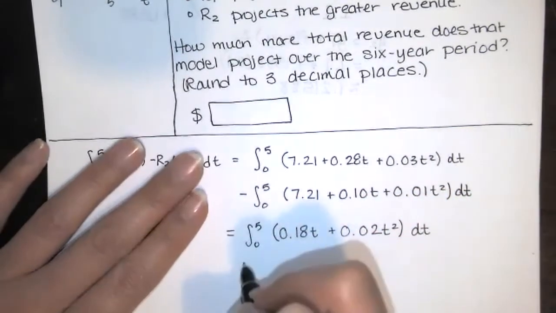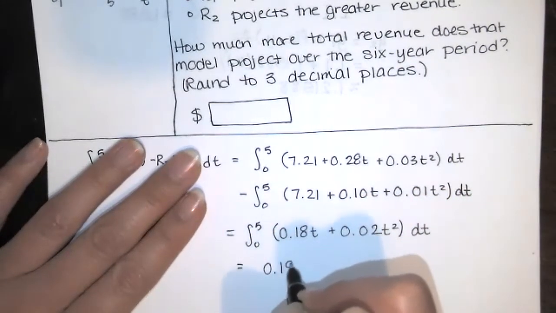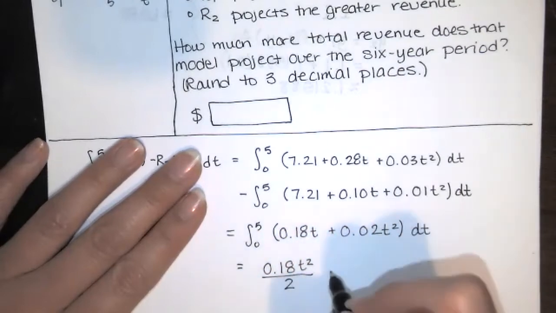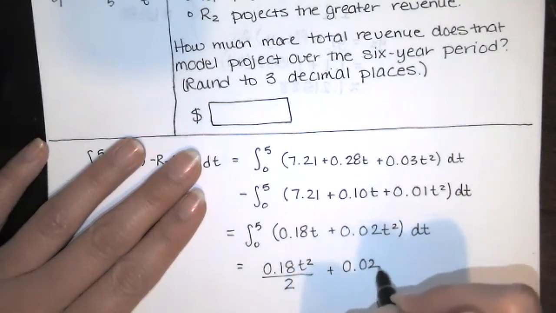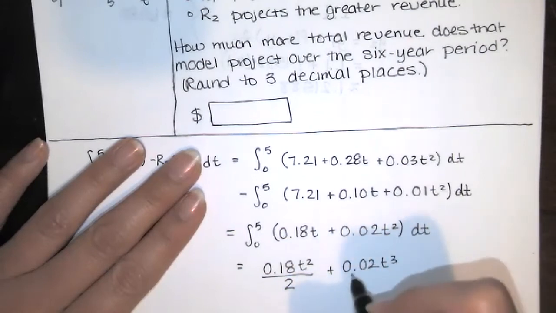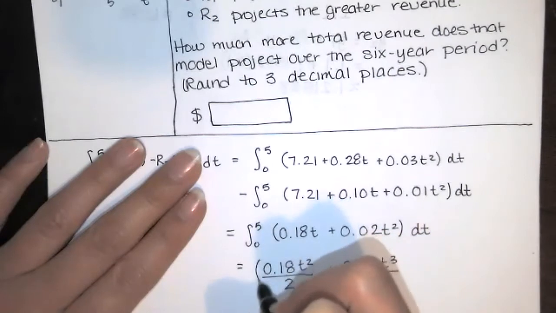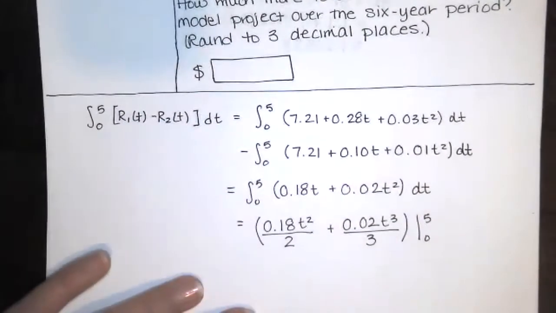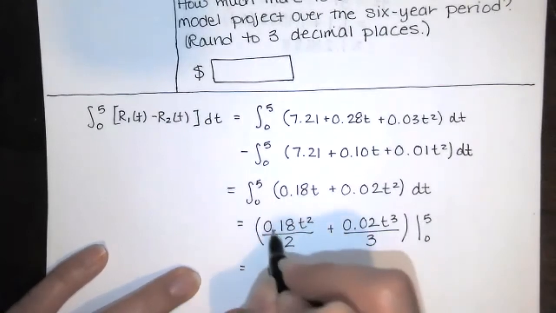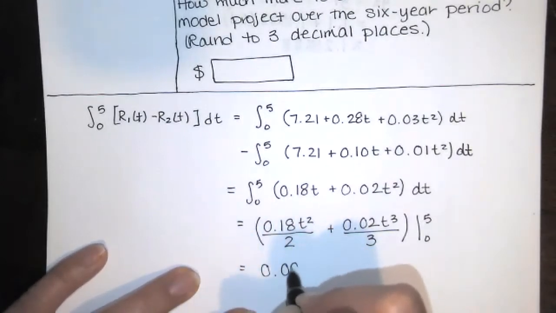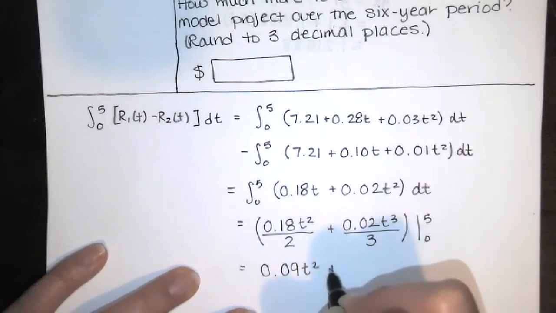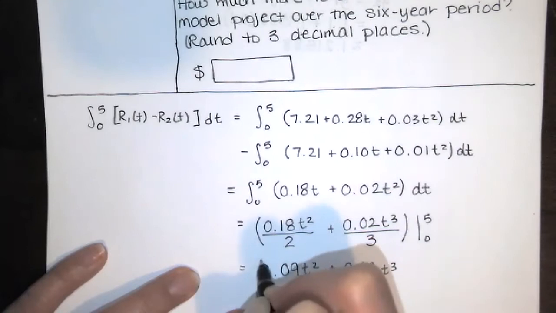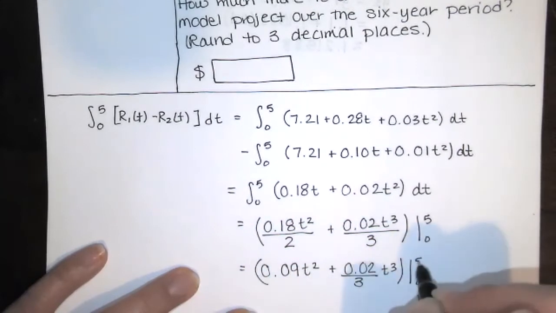We're integrating with respect to t. So you want to bring that constant down, then add 1 to the exponent and divide by the new exponent. Then bring this constant down, add 1 to the exponent and divide by the new exponent. And then you want to evaluate that from t equals 0 to t equals 5. This simplifies to 0.09 t squared. This one doesn't simplify as nicely, so I think I'll just leave that one alone.